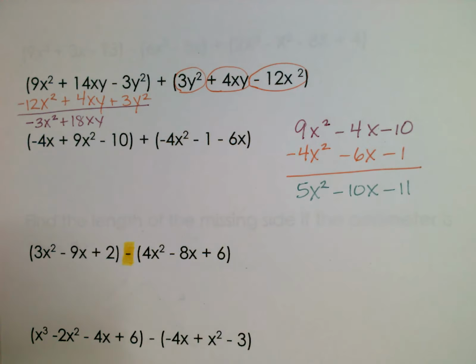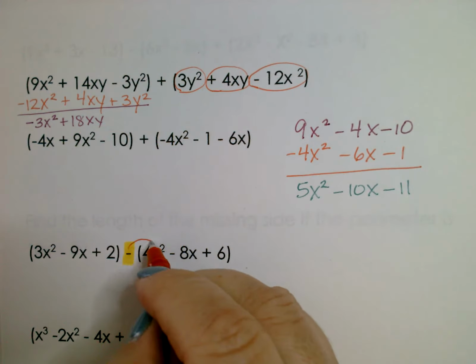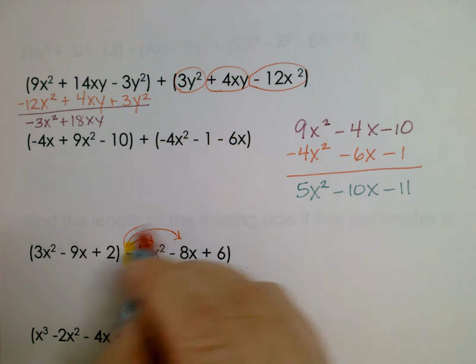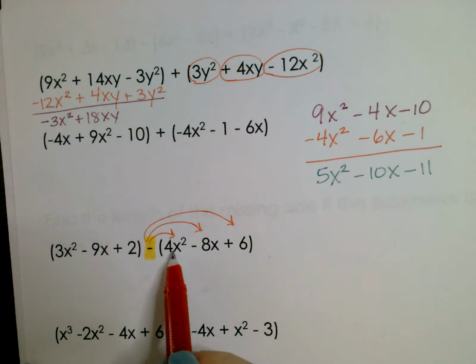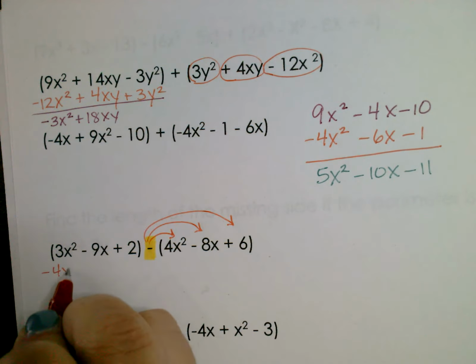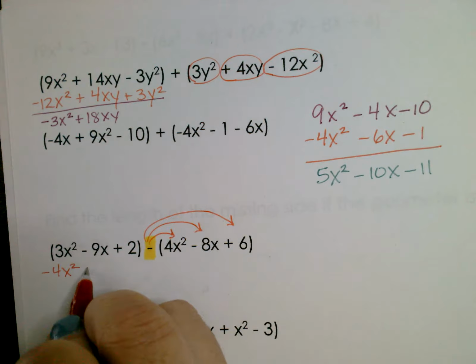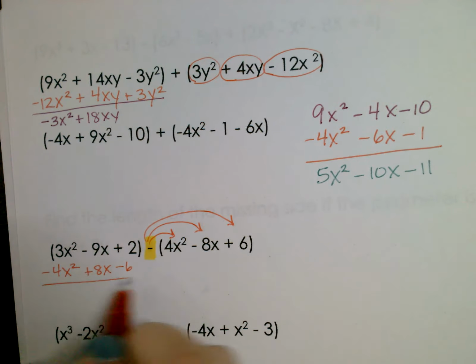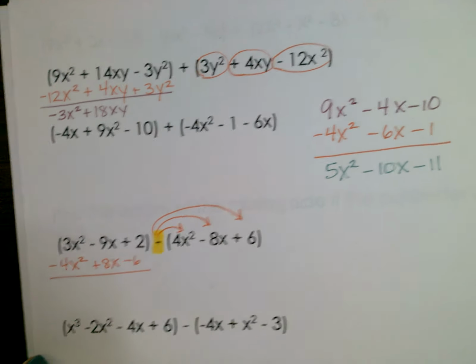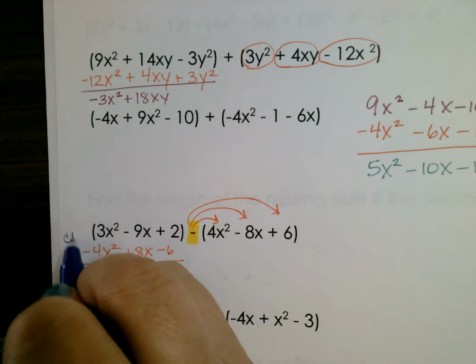Now in the next one, we have a subtraction sign. We're going to add one additional step and then continue on. First, you will distribute that negative to everything in the parentheses. This would become a negative 4x squared plus 8x minus 6.